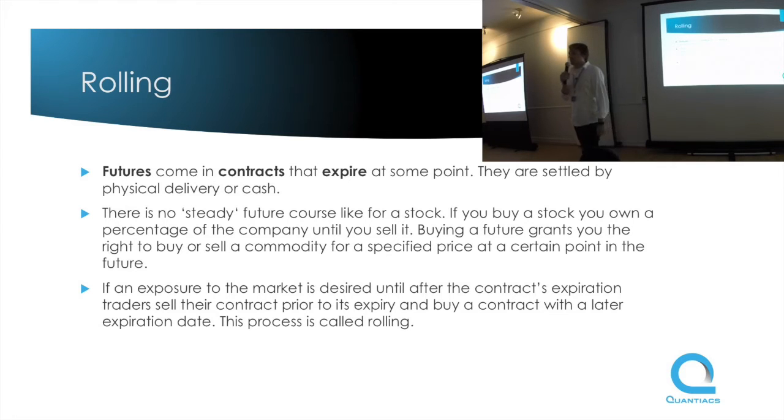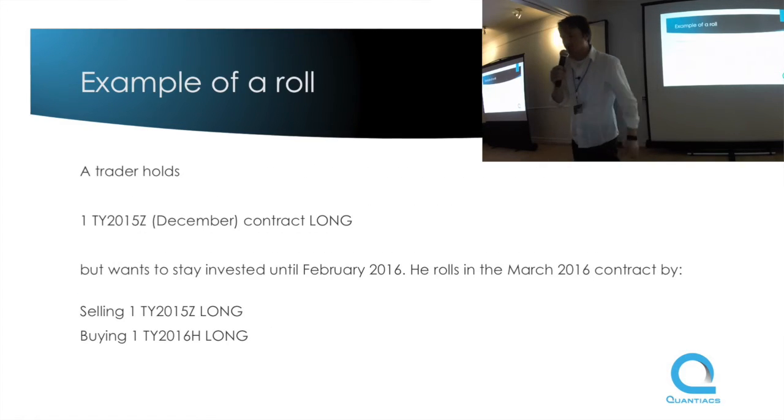Then I would need to sell my March 2016 contract, or buy a long, since I'm the short, and instead go short the June 2016 contract. This process is called rolling from the front contract to the first back contract. So this is an example of a roll.